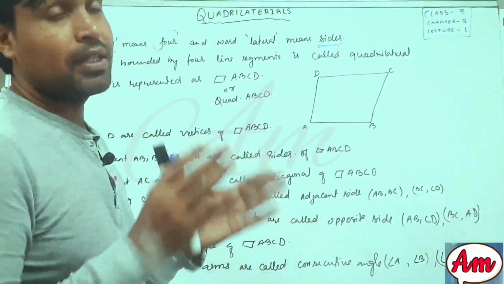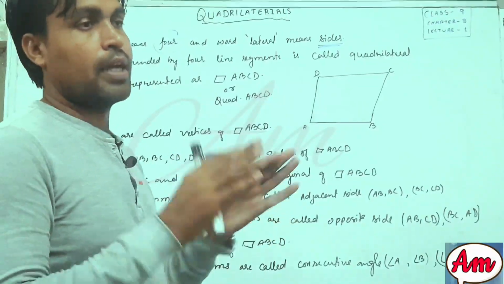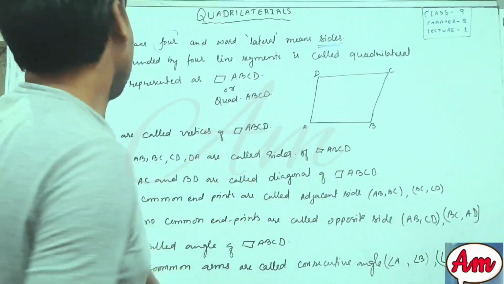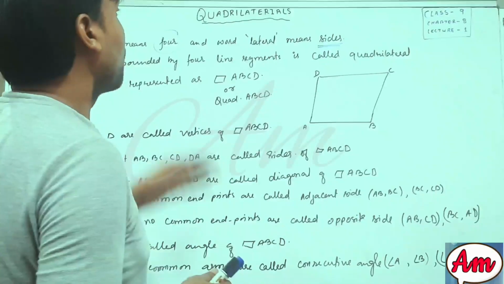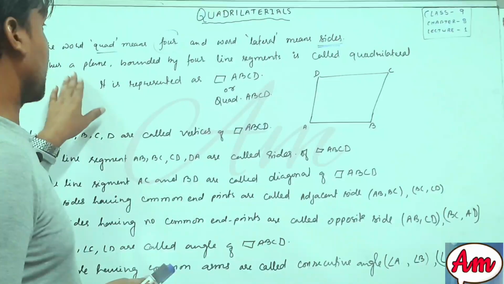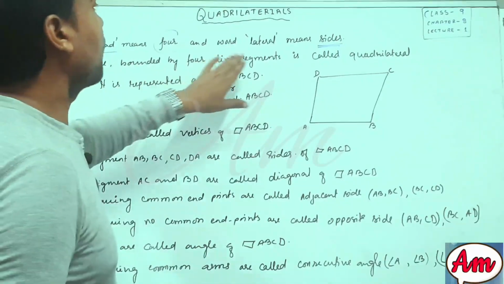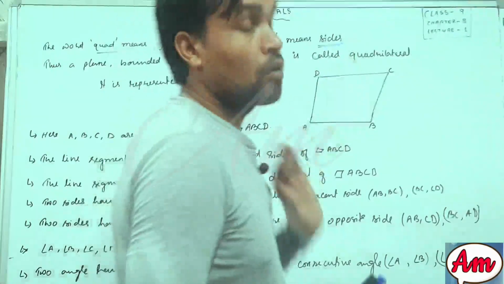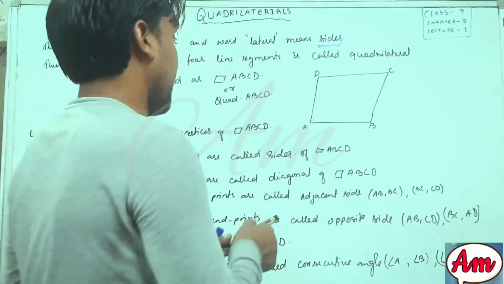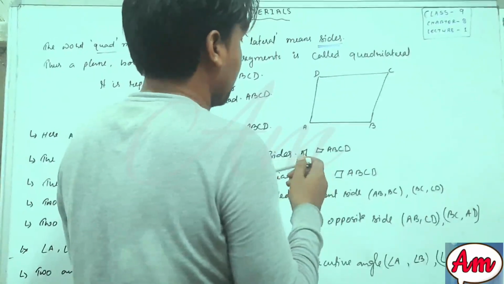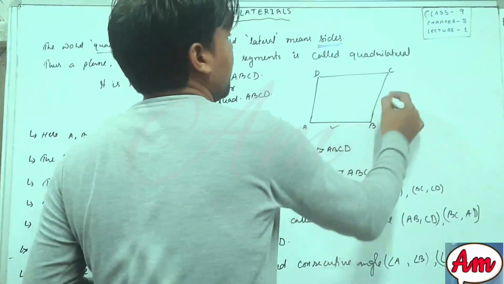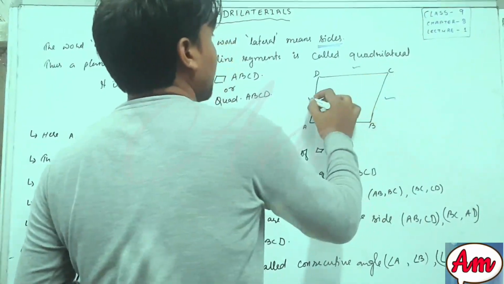We are going to deal with structures which consist of 4 sides. So we can define a quadrilateral as: a plane bounded by 4 line segments is called a quadrilateral. This is a plane which is bounded by 4 sides. The 4 sides are AB, BC, CD, DA.